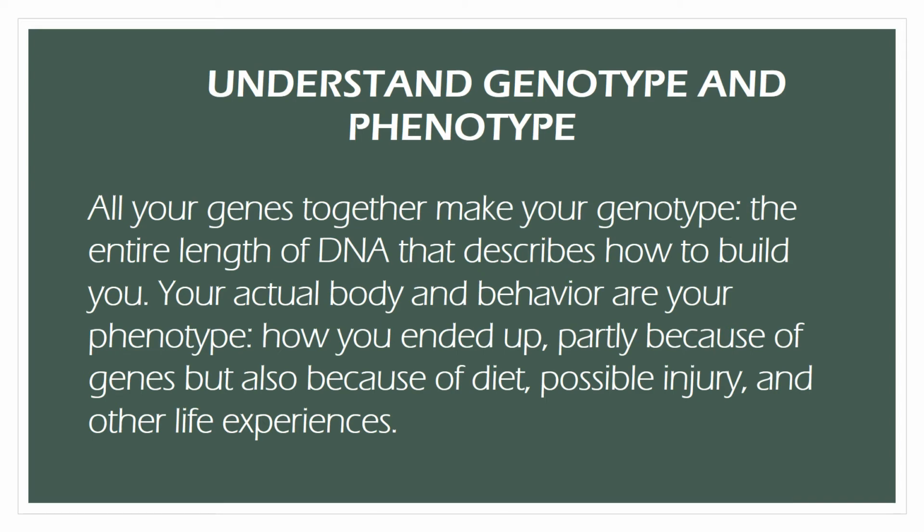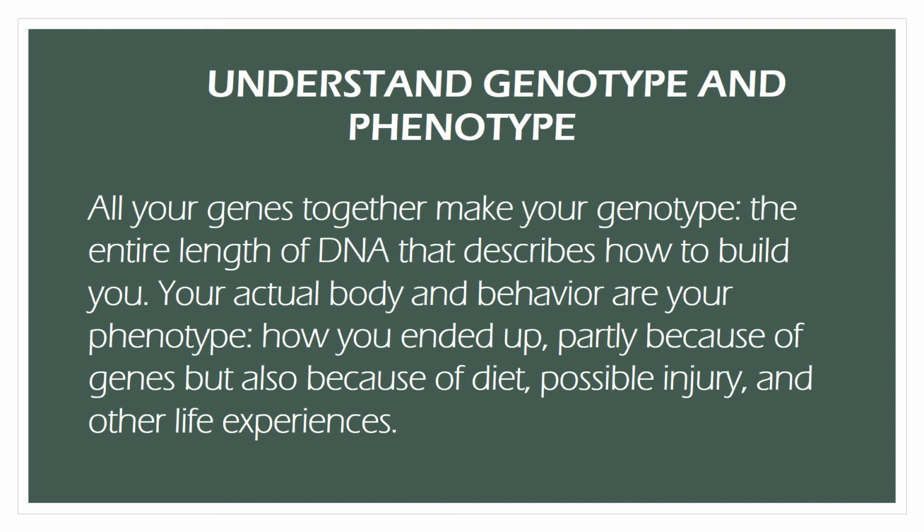Now let us understand more the genotype and the phenotype. You will encounter these two later in our discussion with the Punnett square. All your genes together make your genotype.